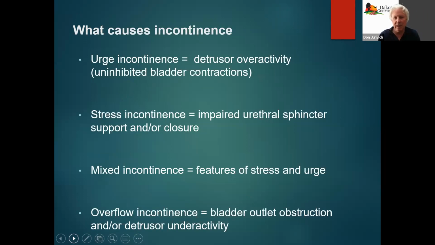It's often due to the muscle of the bladder, the detrusor muscle, being overactive. Another term for that is uninhibited bladder contractions. Again, it's part of that undulating bladder activity, which can be provoked at small volumes.